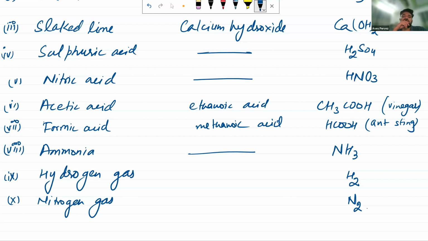In which mode are you? Turn on your camera. Nothing is visible to me.